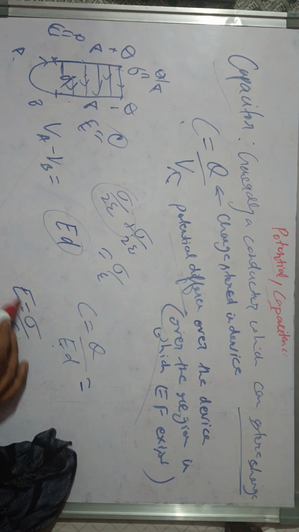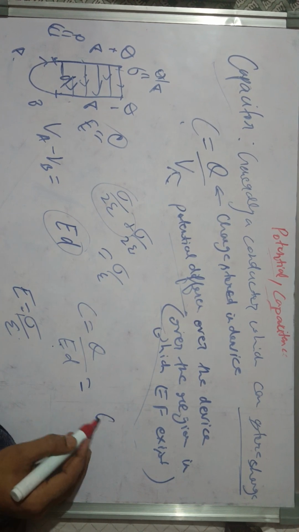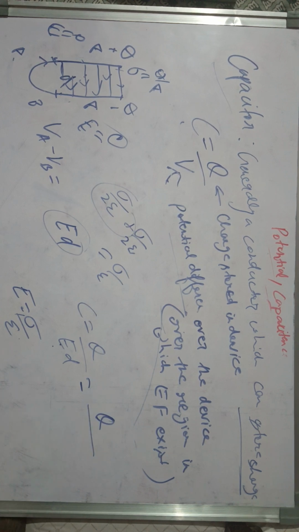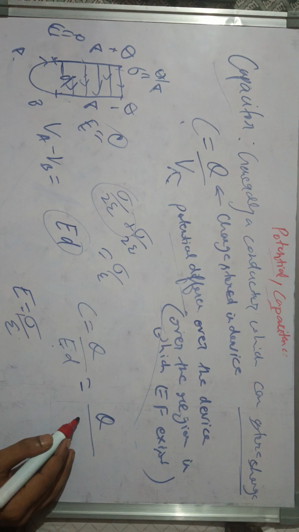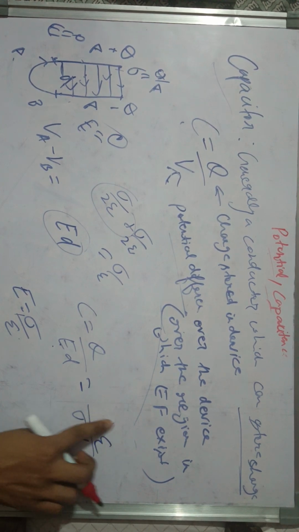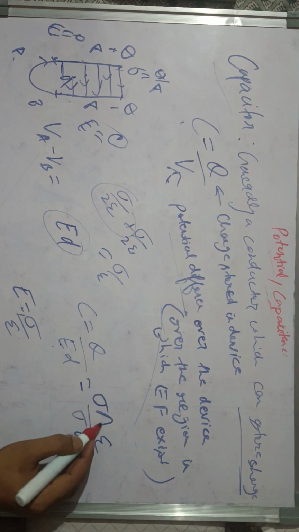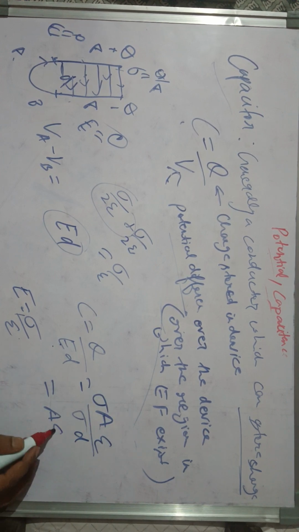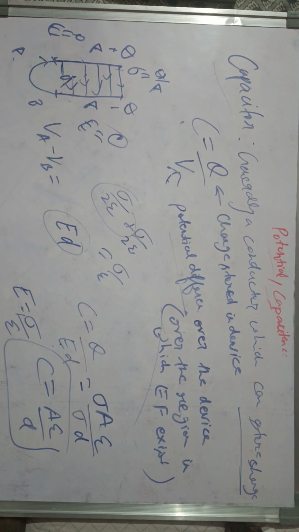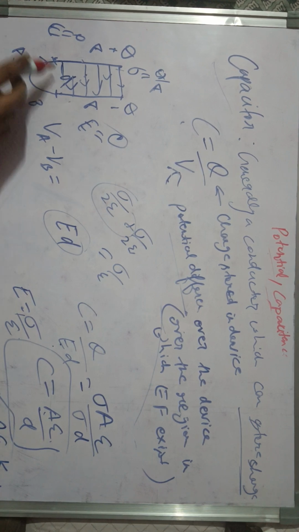So replacing E with sigma by epsilon, we get q upon sigma d by epsilon, and this charge q can be written as sigma into A. This becomes A epsilon by d. So the formula of capacitance for this parallel plate will become A epsilon by d, which can be written as A into epsilon naught k by d, where d is the gap between them.